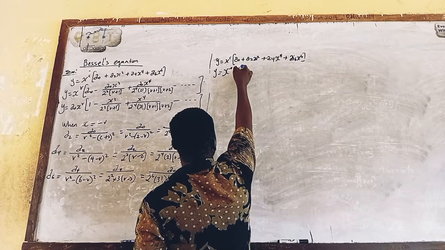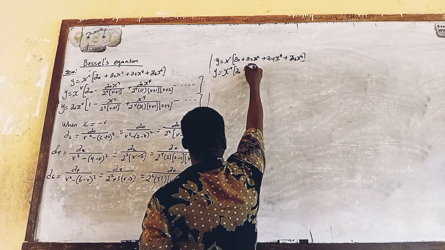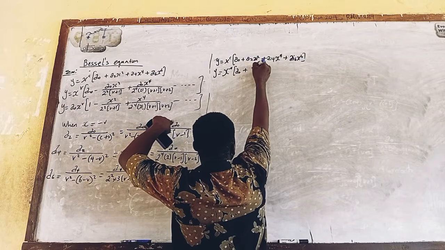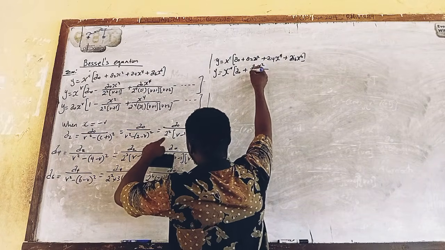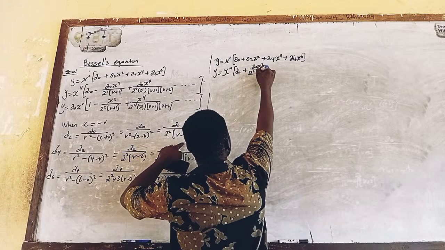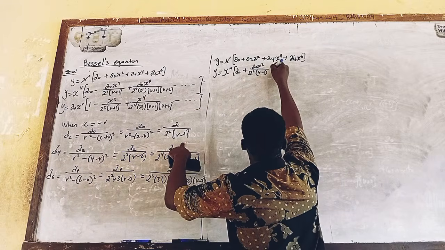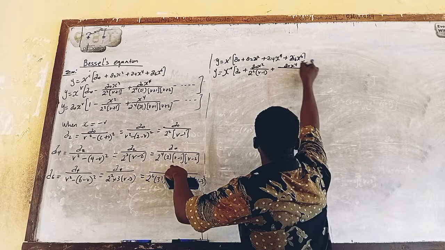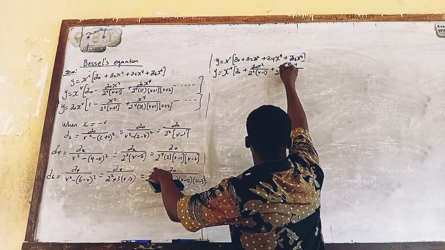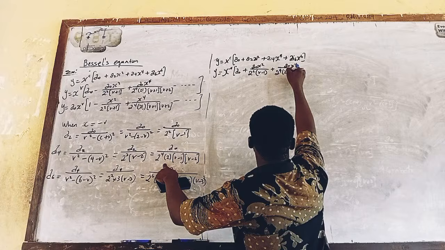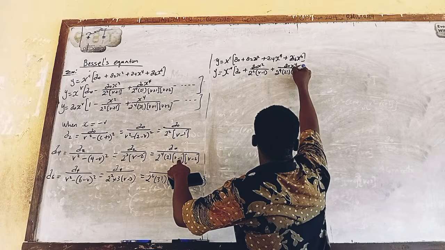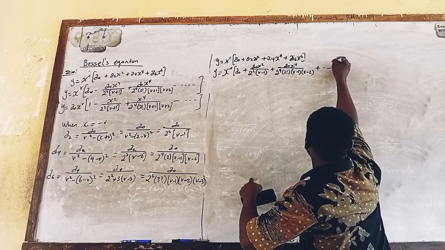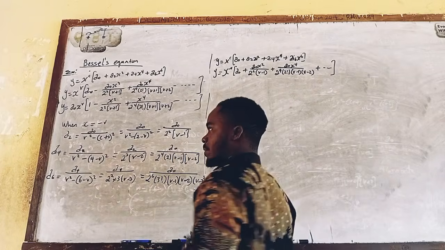So we have a naught plus, what is a2? We have a naught x squared over 2 raised power 2 times v minus 1 plus, this one is a naught x raised power 4 all over 2 raised power 4 times 2 factorial times v minus 1, v minus 2 plus the third one, you write that one.